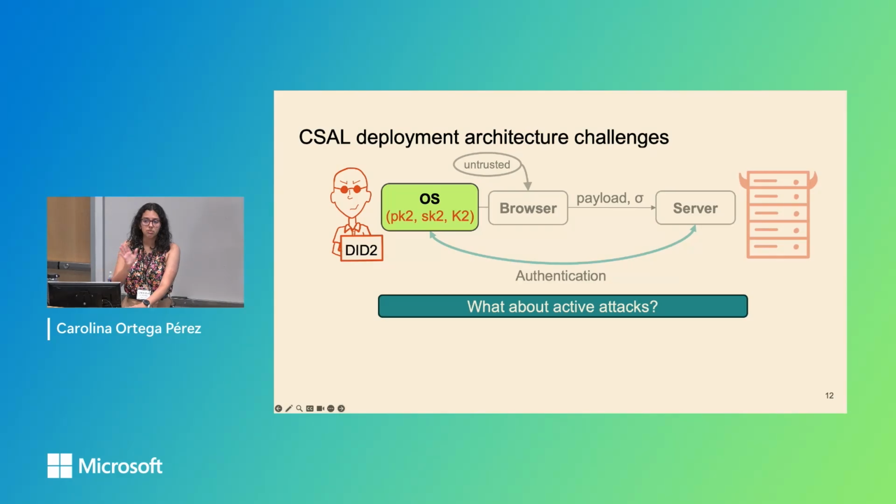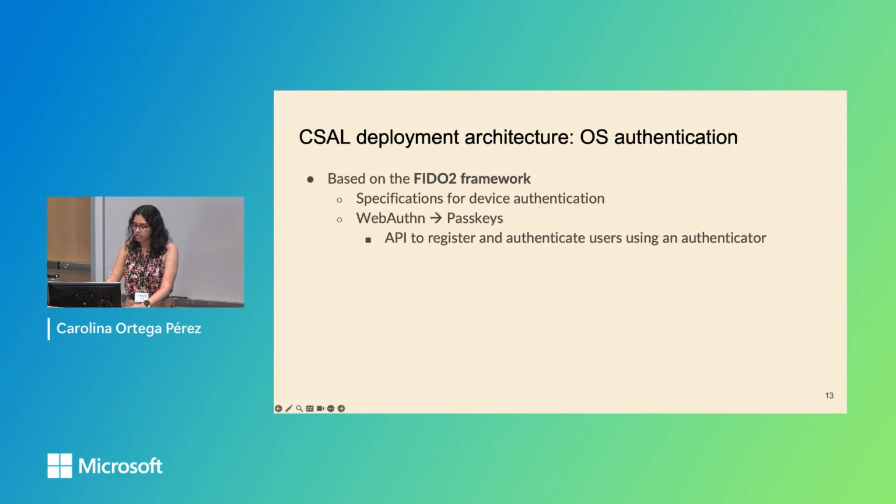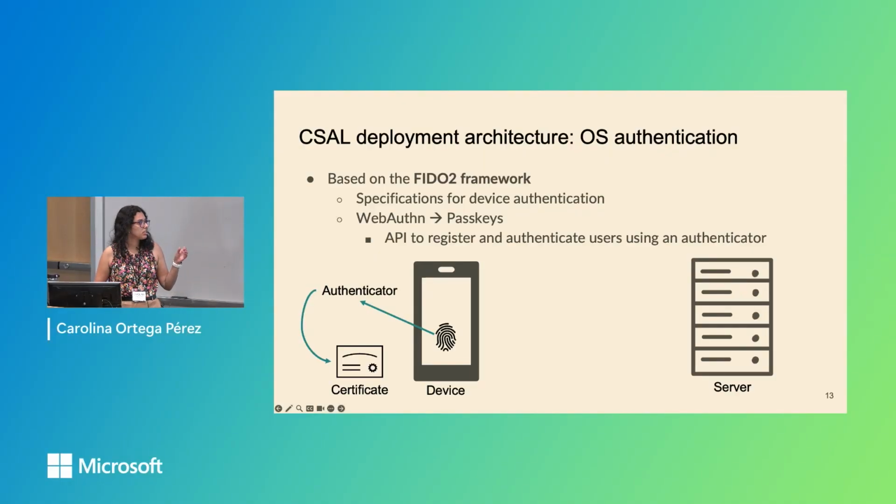So let's first talk about the part of authenticating the operating system. We model our architecture based on the FIDO2 framework. FIDO2 is the group that's been working on, most famously, passkeys, and they have the WebAuthn spec, an API detailing how to register and authenticate users using an authenticator. The way it works is devices have an authenticator, for example the biometric recognition that's available in most devices these days.